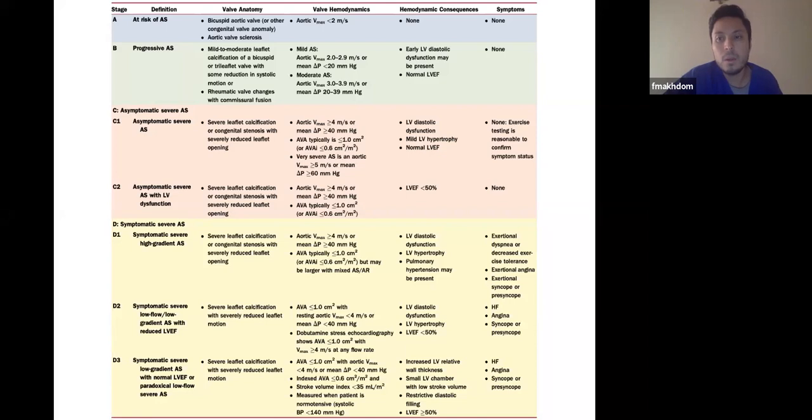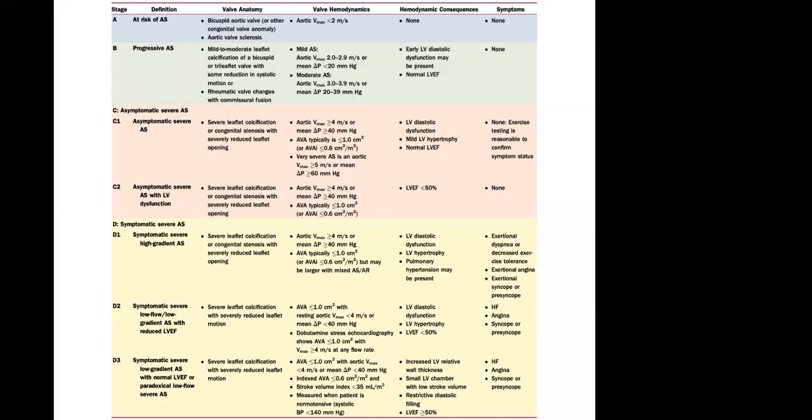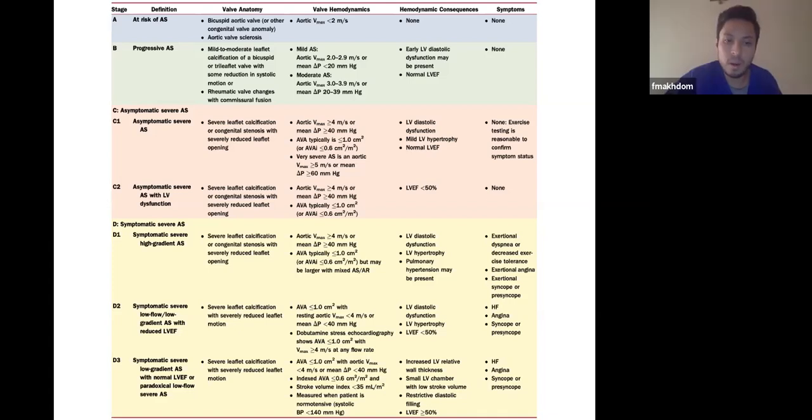So what other scenarios or examples will you see normal ejection fraction but low stroke volume index, which will give you a low gradient maybe and an underestimation of the severity? Paradoxical low flow, low gradient AS.